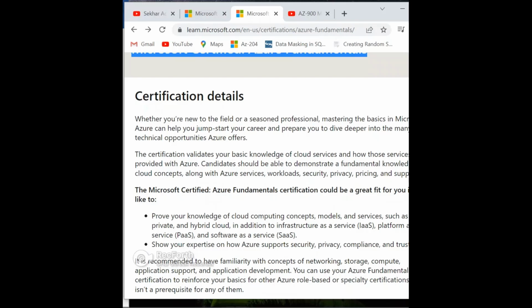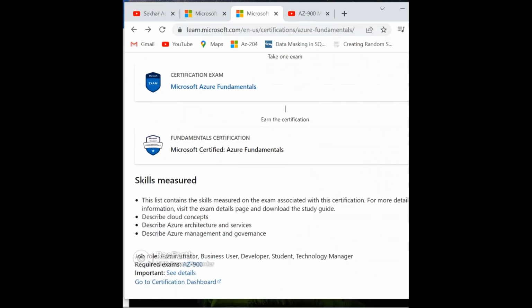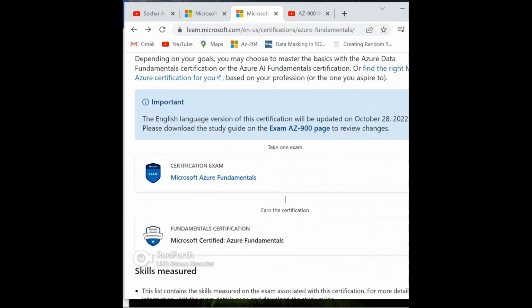So candidates for this exam should have the foundational knowledge of cloud services and how those services are provided with Microsoft Azure. The exam is intended for candidates who are just beginning to work with cloud-based solutions and services, or are new to Azure as well.